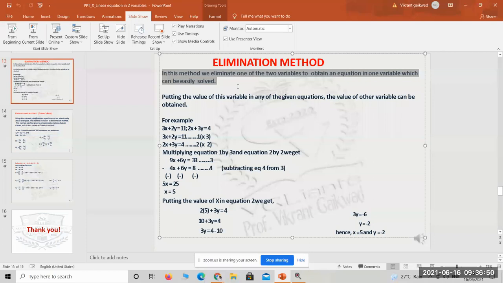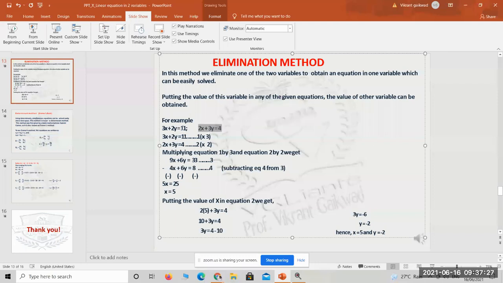For example, check these two equations: 3x plus 2y equals 11 and 2x plus 3y equals 4. The coefficient of x in the first equation is 3 and the coefficient of y in the second equation is 2. Here in the second equation, x is 2, y is 3.